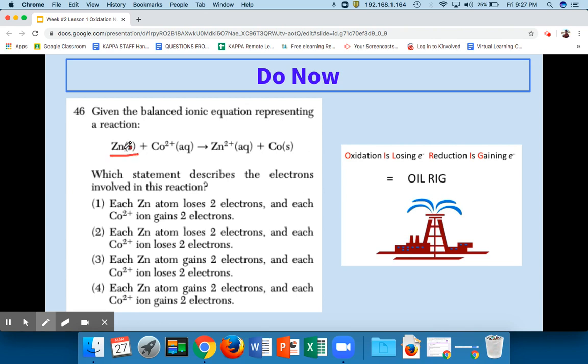So zinc solid, we look at what's happening to it in the reaction, we can just isolate zinc. Zinc is going from a 0 charge to a 2 plus charge. So what's happening here? Is this oxidation or is this reduction? And how do you know?